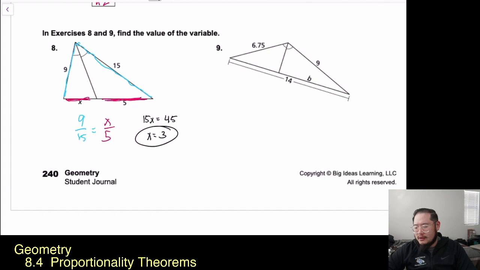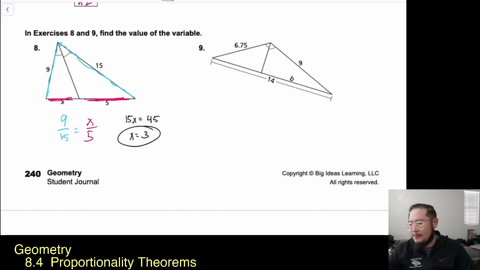All right. So let's repeat this on number 9. Now, number 9 is not as easy as what we just did on number 8. There's a little bit more work. Maybe you could figure out why. So once again, I'll look at my triangle.